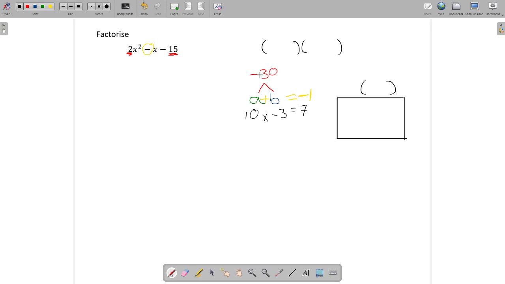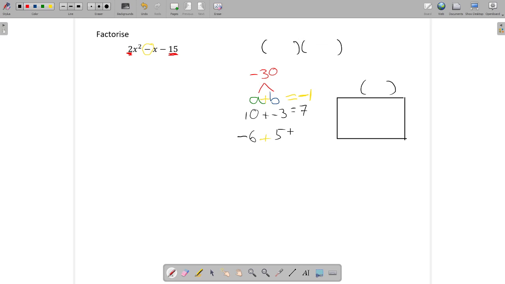Okay, so I know that 5 times 6 is 30. One of them needs to be negative because I need to get to minus 30. So let's see, this needs to be negative. So we'll go minus 6 and we'll multiply it by the other factor, which is going to be positive 5.